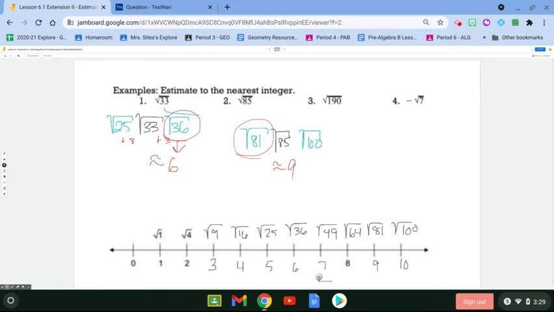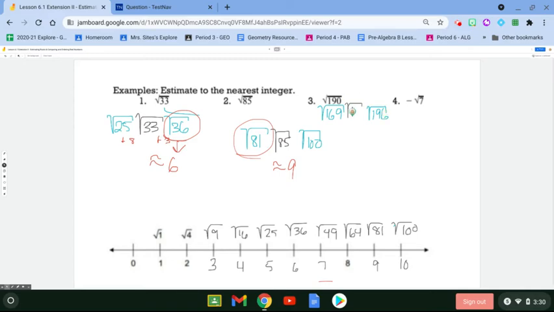Okay, let's do a square root of 190. Well, for the square root of 190, I don't go up that high. So I'm going to have to think about some other perfect square roots. So the square root of 190, if I would keep listing them, it's actually between the square root of 169 and the square root of 196.